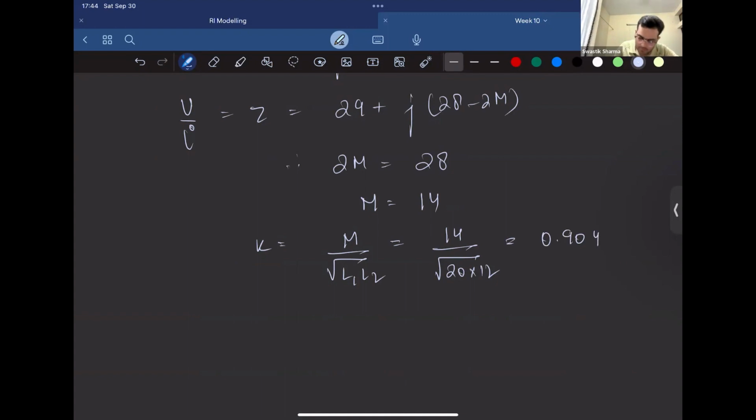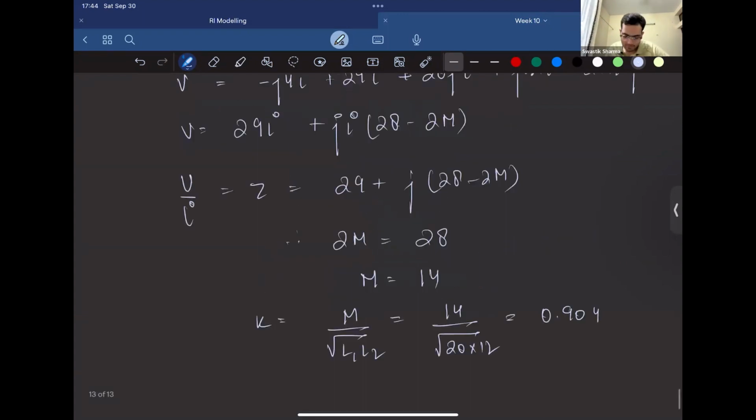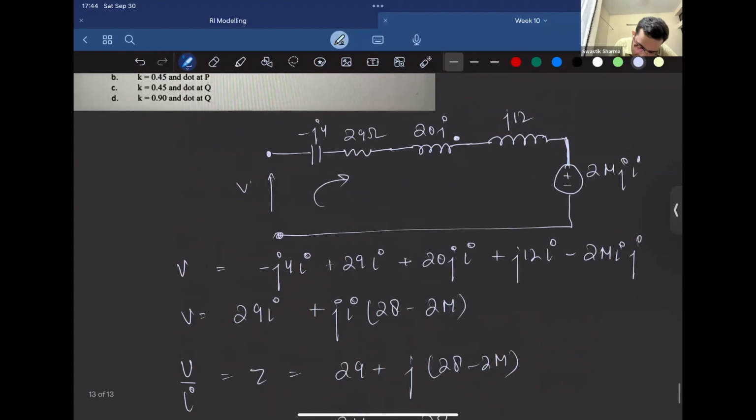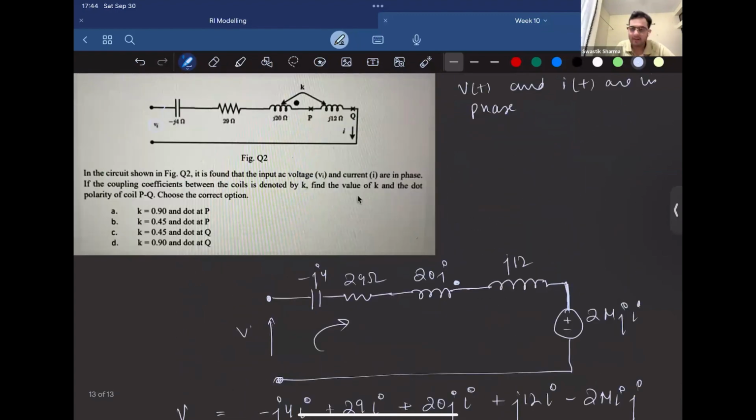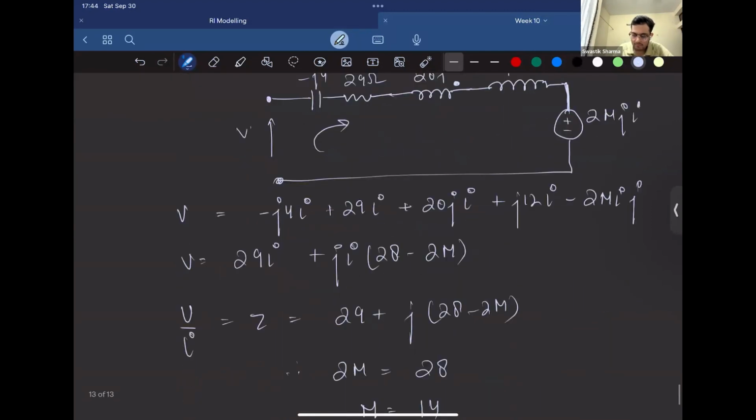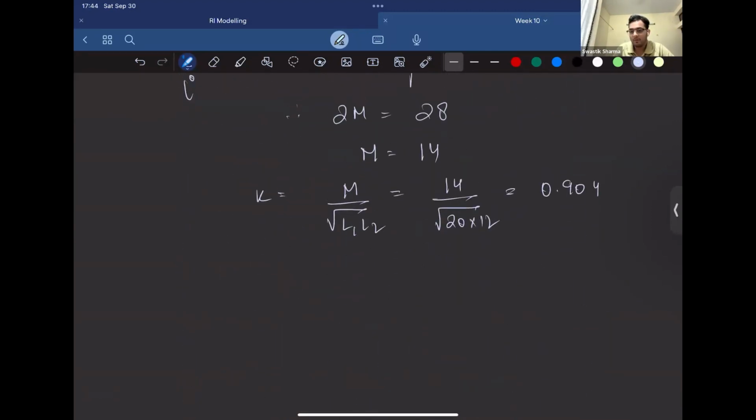But these are J omega L, right? So why haven't I removed that omega before? Because we are required to put L only. It's because this M also contains the frequency component. These also contain it. When we divide, it would vanish, right? So we don't have to worry about it. We can simply use this 2. So K comes out to be 0.9.